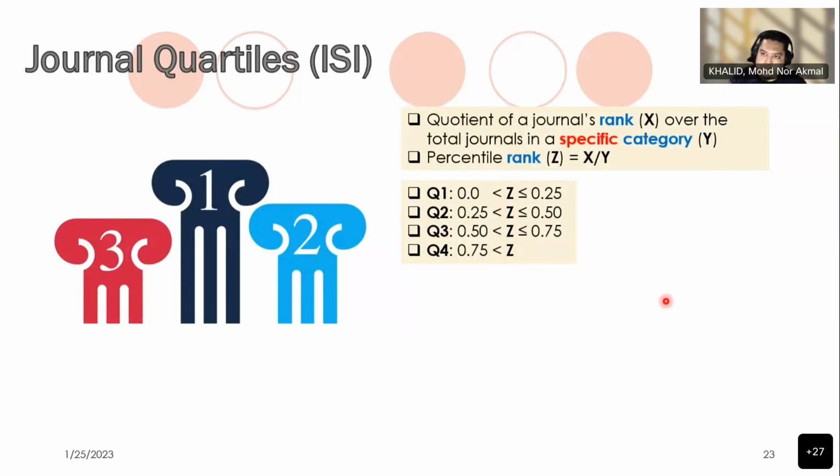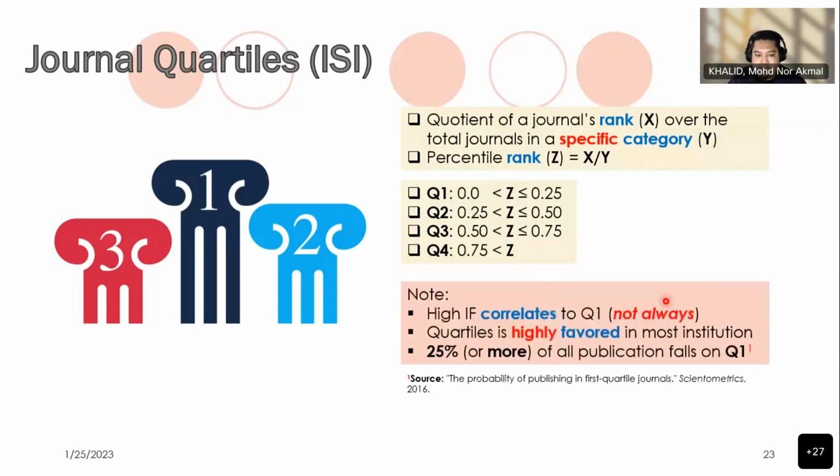So if it is in the top 25%, then it is Q1. What to note here is that a high impact factor doesn't correlate to Q1. Some journals have a very high impact factor, but they are not Q1 because they are not very important in the specific topic or specific area of the research.